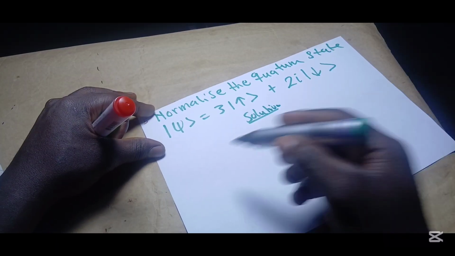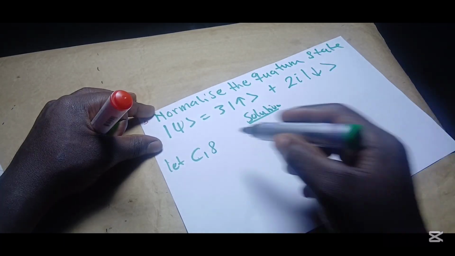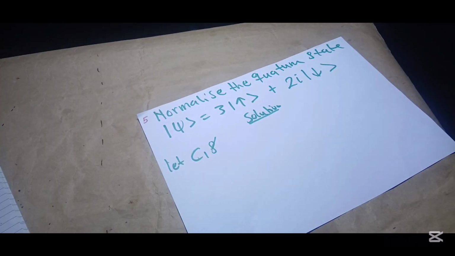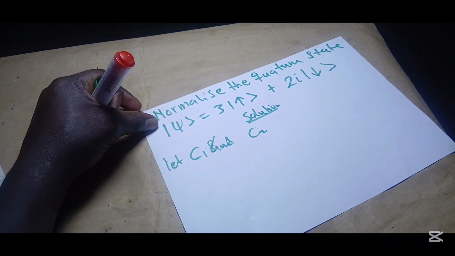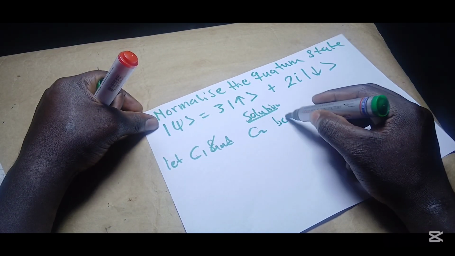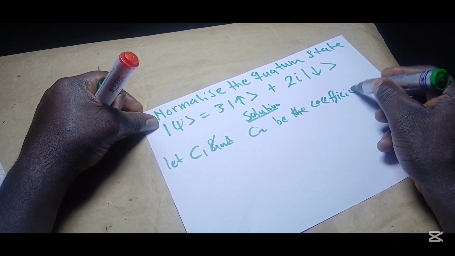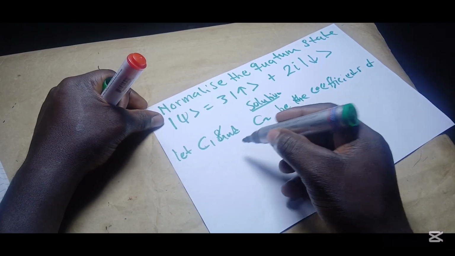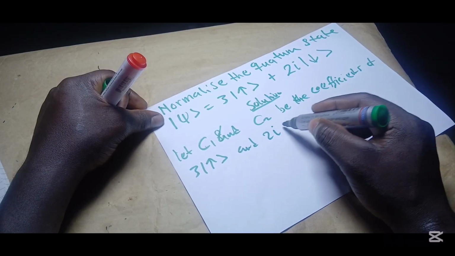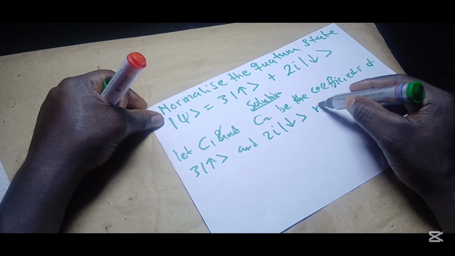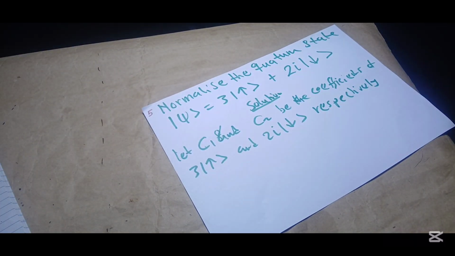So we can say let C1 and C2 be the coefficients of the 3 spin up and 2i spin down kets respectively. That is if you are trying to solve it in an official way.